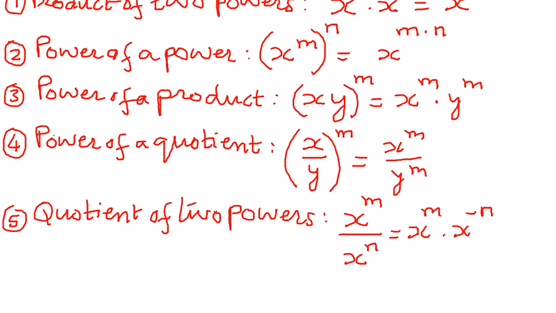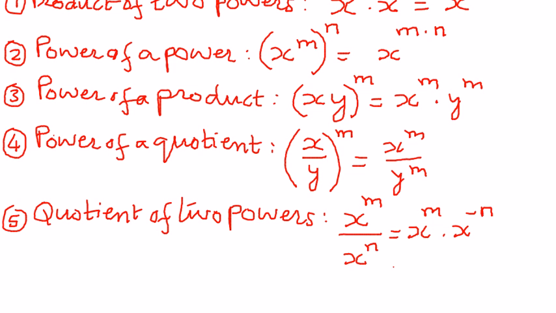When we have an exponent in the denominator with a positive exponent, we can bring it up to the numerator, and when we bring it up to the numerator, the exponent changes from a positive to a negative, like the way we've shown here. x to the power of positive n, which is in the denominator, when we bring it up to the numerator, becomes x to the power of negative n.